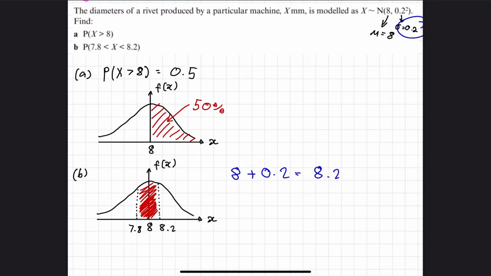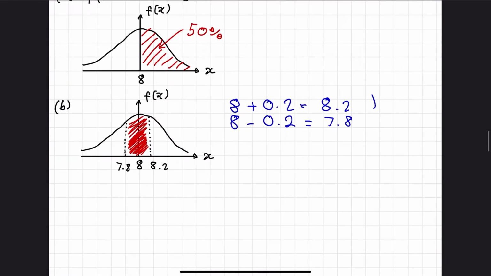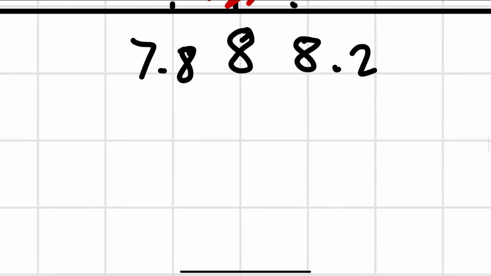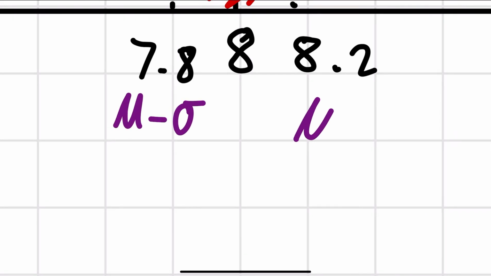And if I have my mean and take away 1 standard deviation, that will give me 7.8. So these numbers are basically the values within 1 standard deviation of the mean. This is my mean minus a standard deviation, and this is my mean plus a standard deviation.